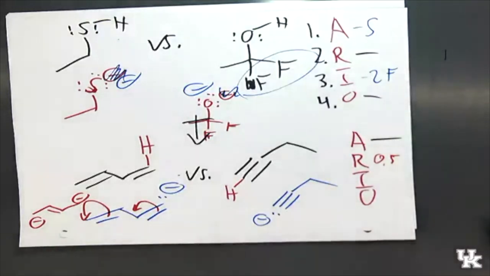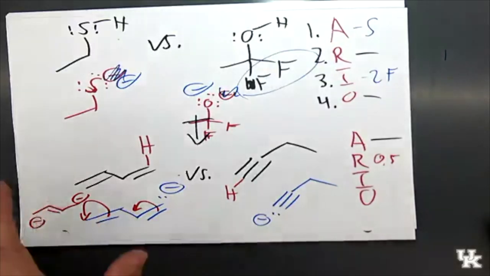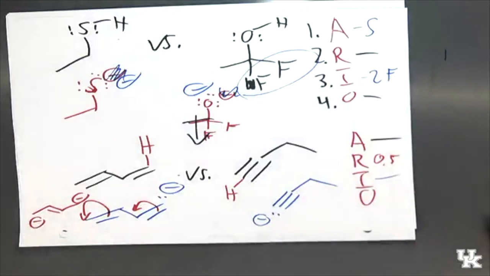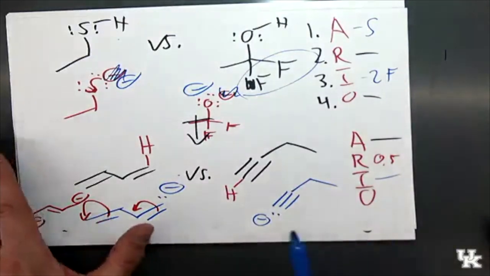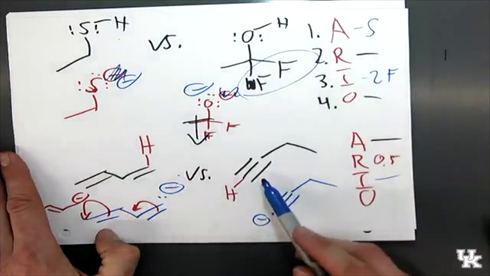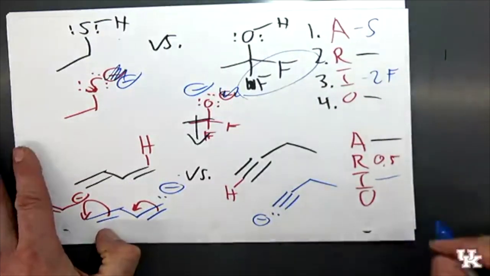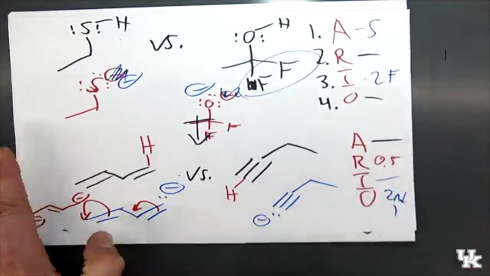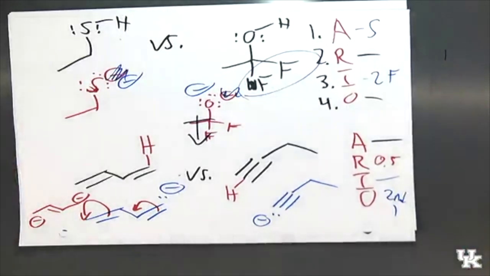Induction. Are there any induction concerns here? Good. I'm seeing some shaking of the head. That's great. All right. Last, orbital. Is there an orbital? Yeah, I'm seeing some nodding. Good, because you all know that the first one is sp2, and the second one is sp, right? So that means that the second one gets, we'll call it 1 full point, whatever that means.